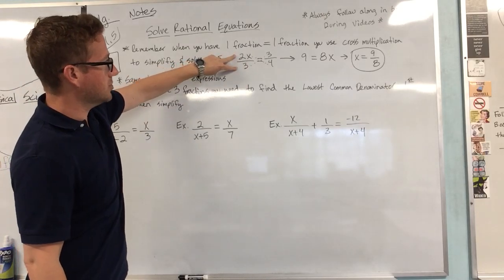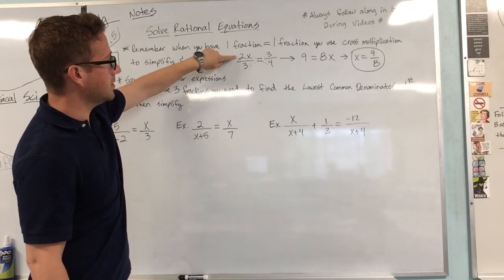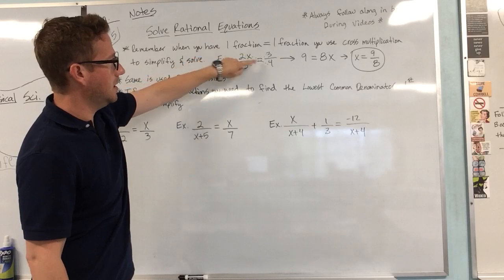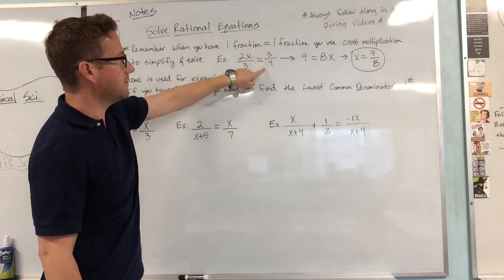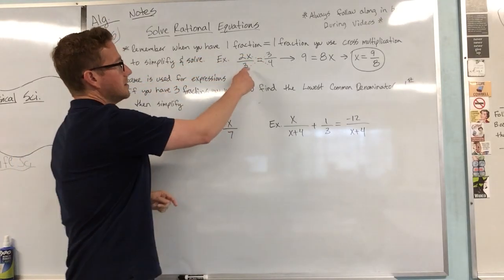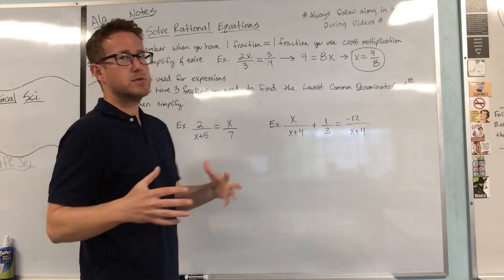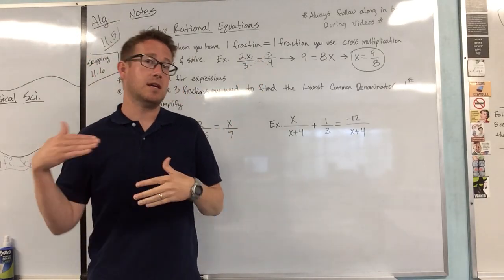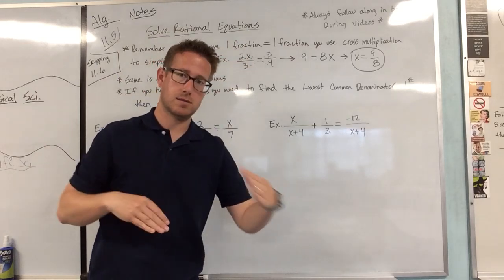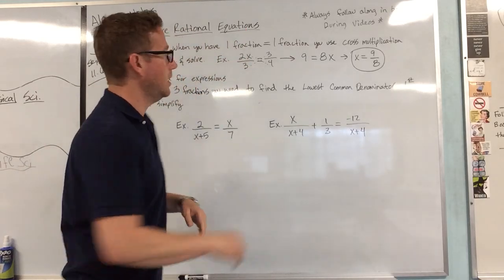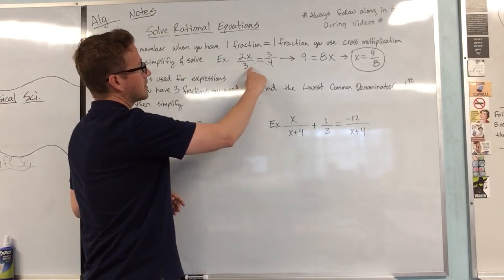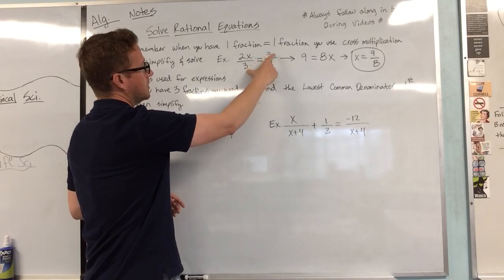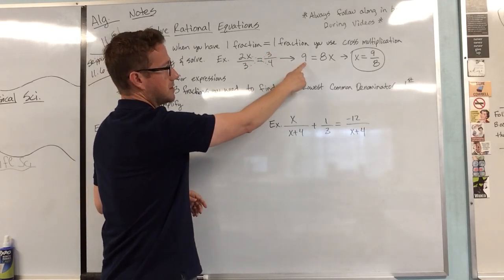Here's one fraction right here, okay? You have 2/3 x equals 3/4, okay? You're going to see these little dashed lines. Those little dashed lines are just my way of saying, hey, here's how you cross multiply, okay? So we're looking at 3 connecting to 3. 3 times 3 gives us 9.